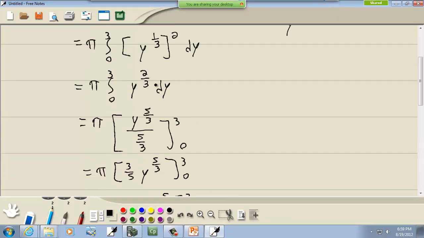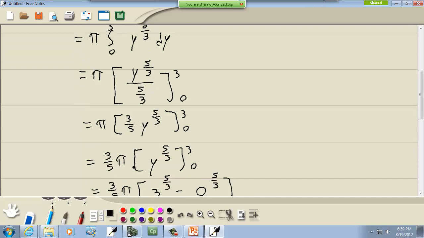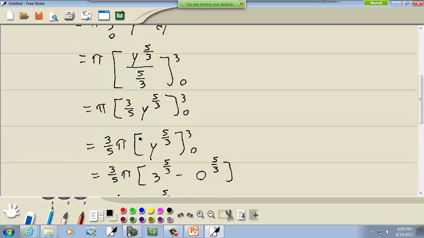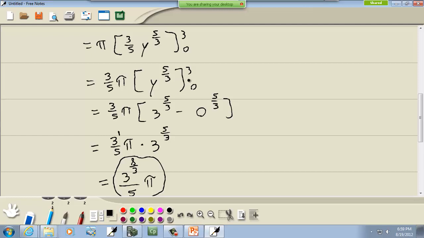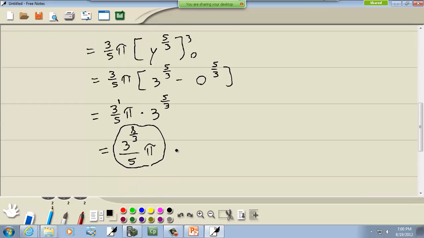Okay, 2/3, add 1 to your power, 3 over 3. Then flip that, and we'll put it out in front, that's correct. Take 3/5, put it out there, that's fine. And then put the 3 in there. 3 to the first times, so we add the exponents. 1 times 3 is 3. 8/3 divided by 5 pi.